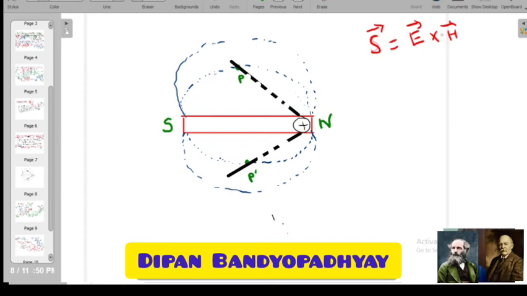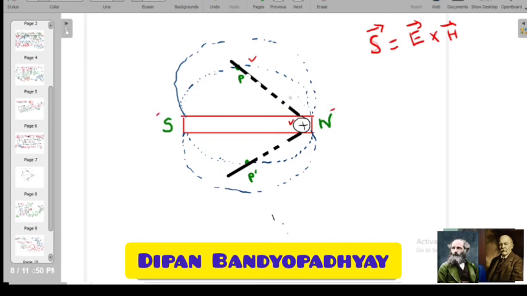I am giving an example of the case. Here we have drawn a magnet, and let us say we put a positive charge here, and we are considering a point P, say here, and we have the south pole and north pole like this.